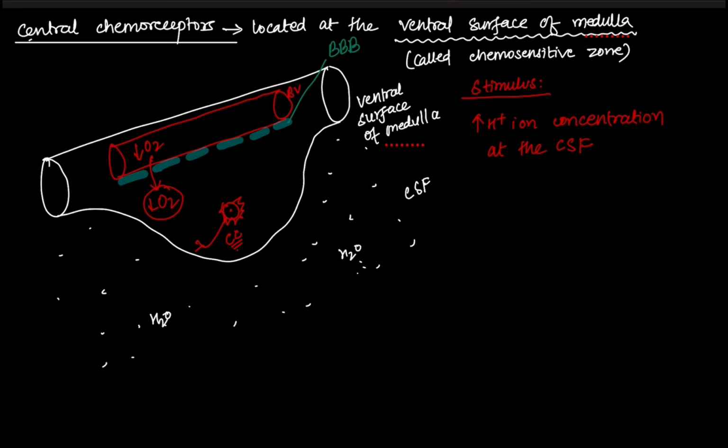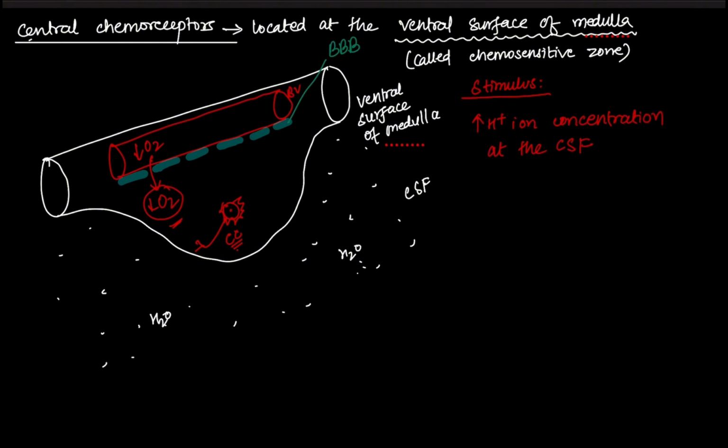That is why a decrease in oxygen was a stimulus for the peripheral chemoreceptor. But at the central chemoreceptor, there is no oxygen sensitive potassium channel, so a decrease in oxygen concentration will never be a stimulus to the central chemoreceptors.